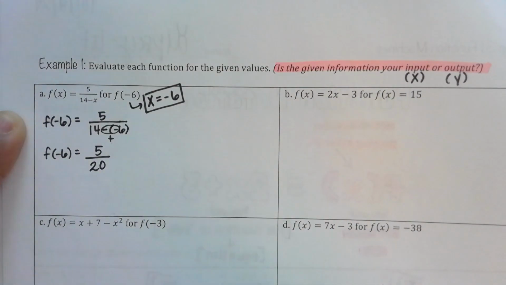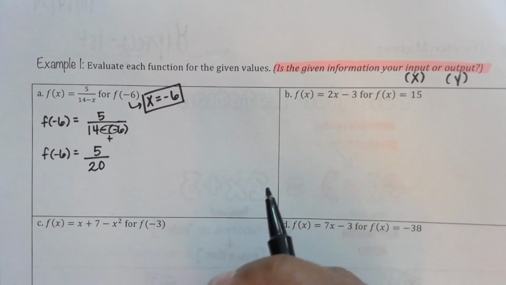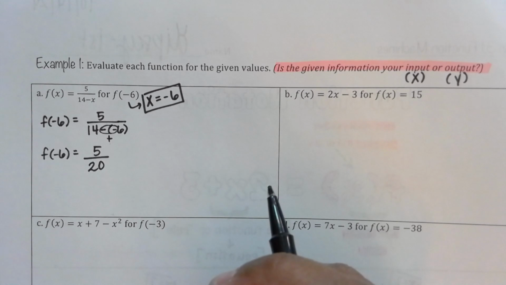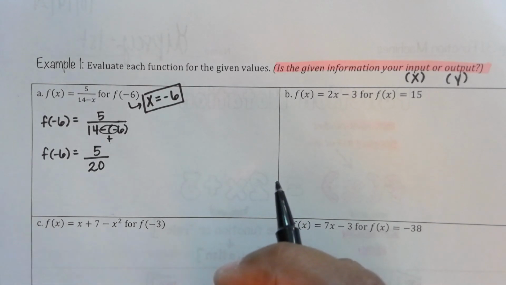Should I check to see if this fraction simplifies? Absolutely. So in your calculator, typing in 5 divided by 20, math 1, enter. I'll tell you when. 5 divided by 20, math 1, enter.